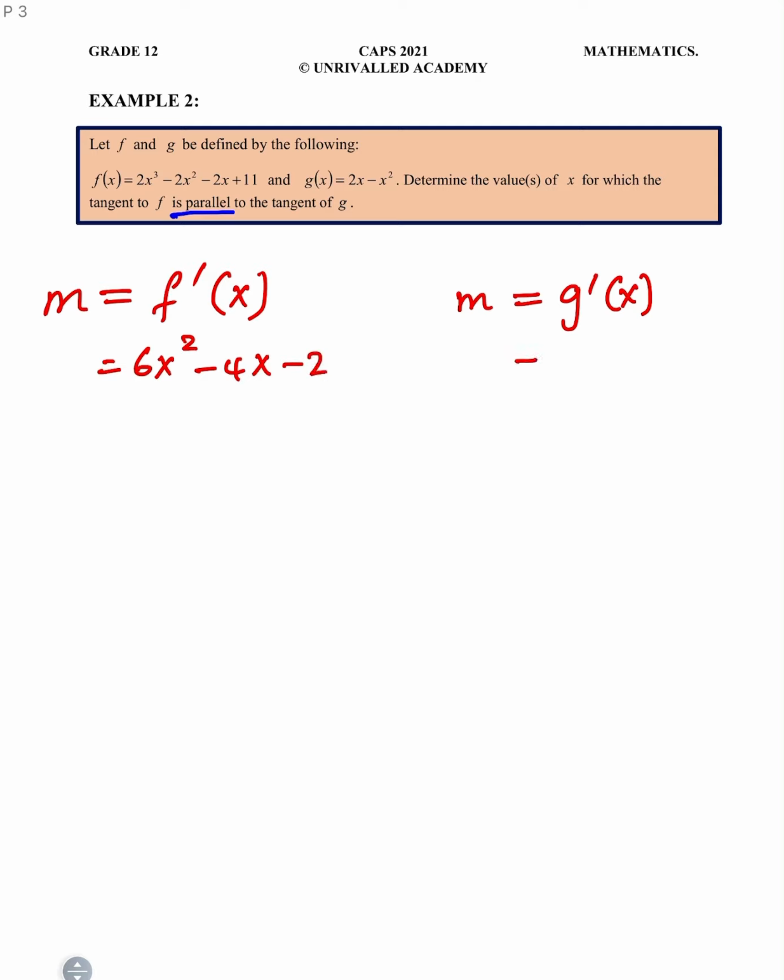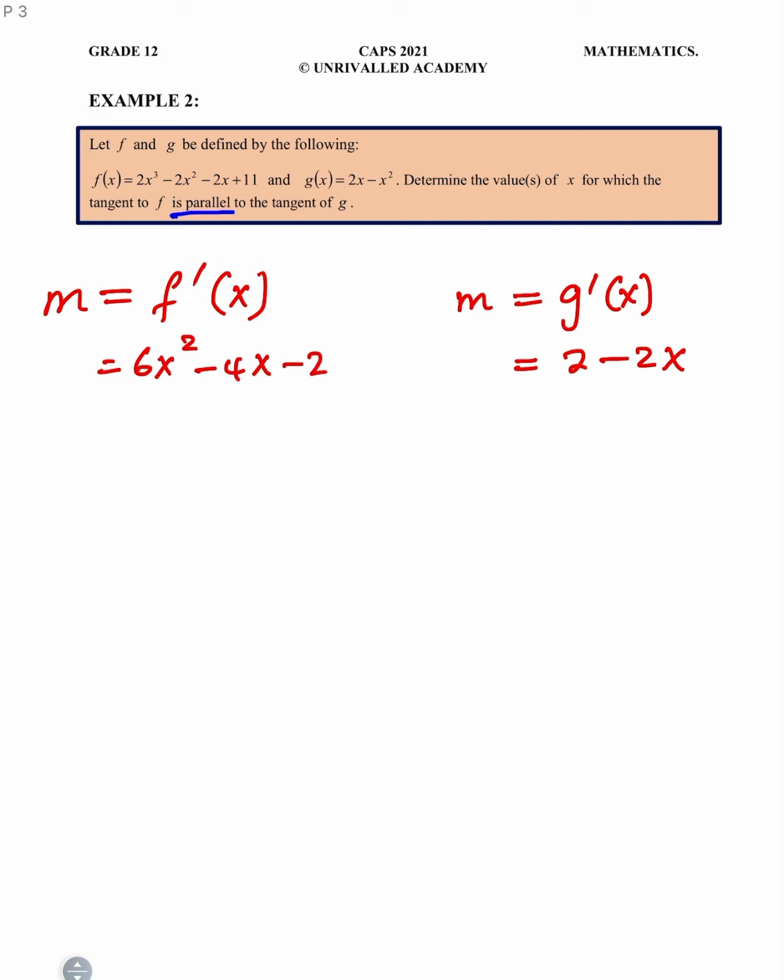And if I differentiate g at x, this will leave me with 2 minus 2x. These are the gradients of the tangents to the curves f and g respectively.